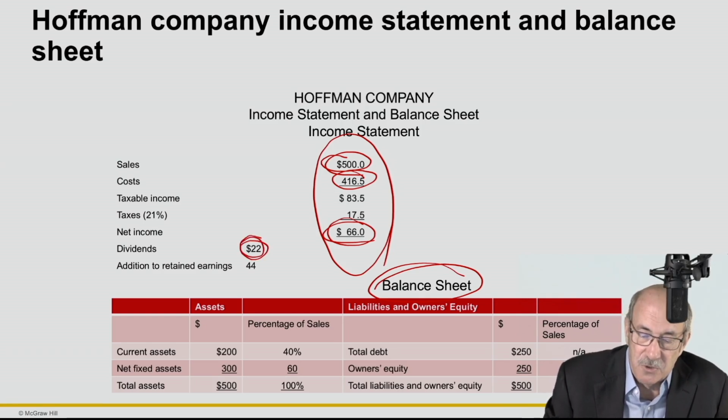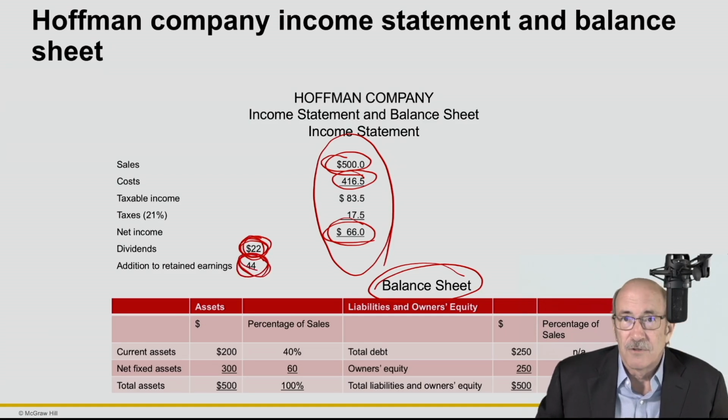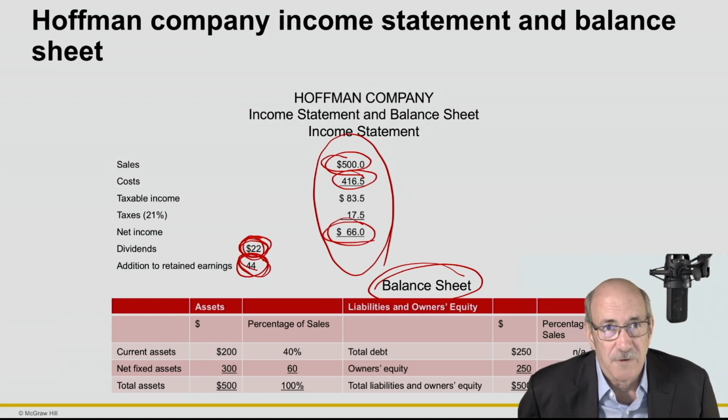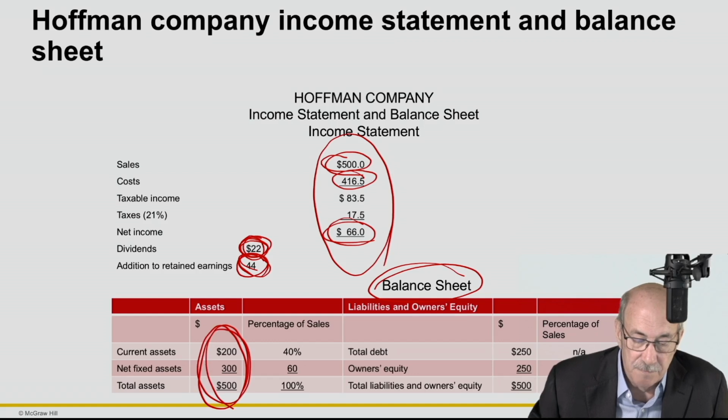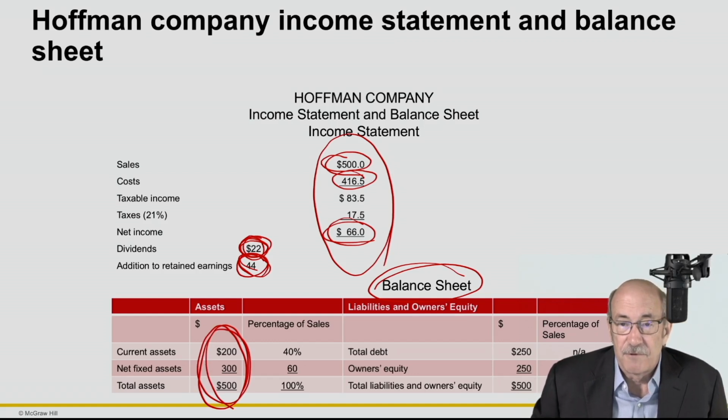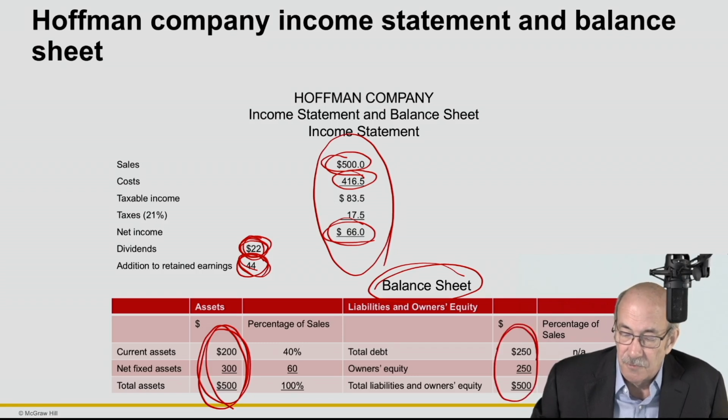So we pay out $22 in dividends. That means that we have $44 to plow back into the firm, reinvest in the firm. And then here is the asset picture: 200 in current, 300 in fixed, and a total of 500. And that's financed with exactly half and half equity and debt.